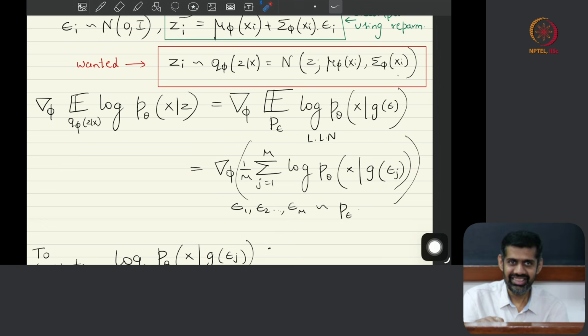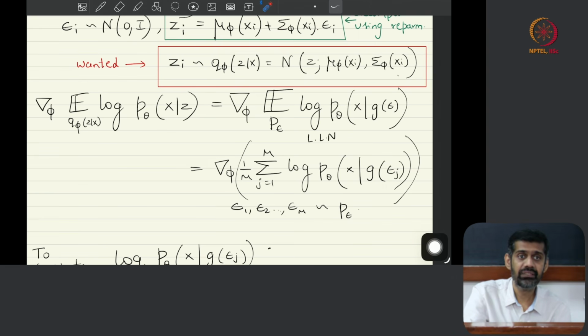Unless what you are saying, I thought that is what you are hinting at: if you want to see phi itself as a random variable, and treat every iterate of phi as one sample from the space of parameters and see this as a Bayesian neural network, that is a different idea altogether. But we are not looking at that. We are only treating phi as a deterministic variable here. We are not looking at Bayesian belief nets here.